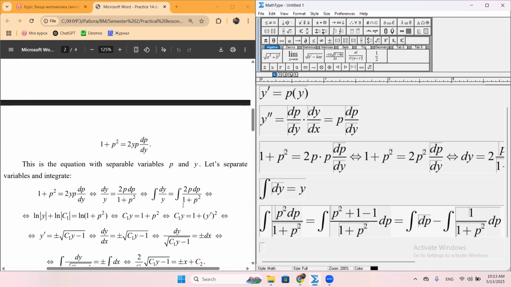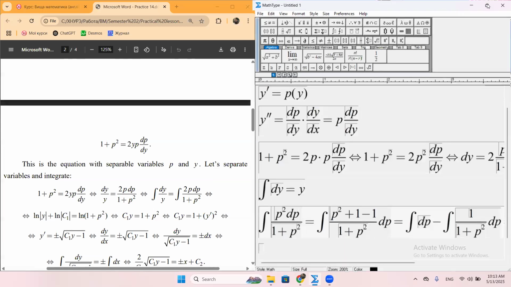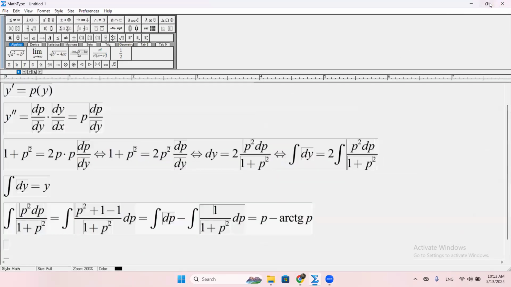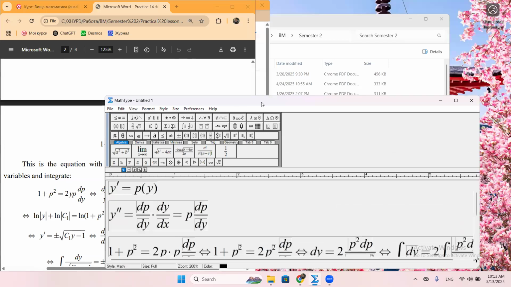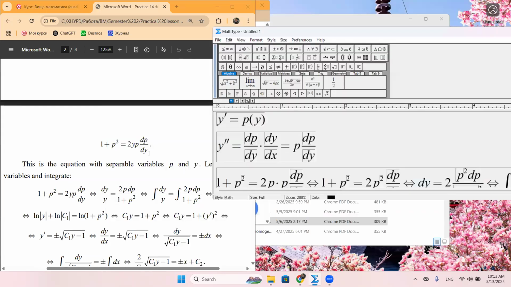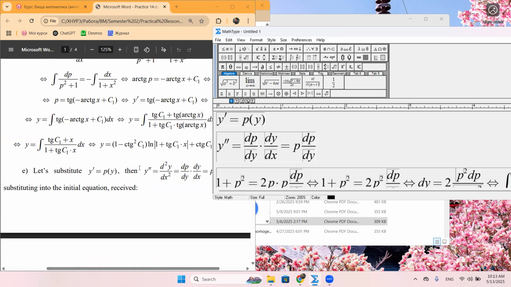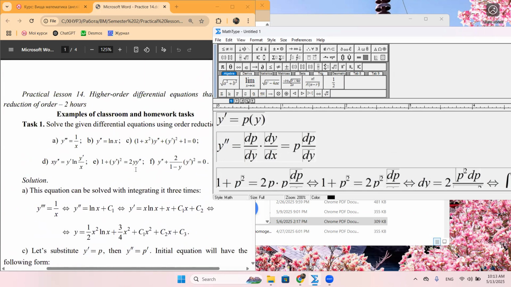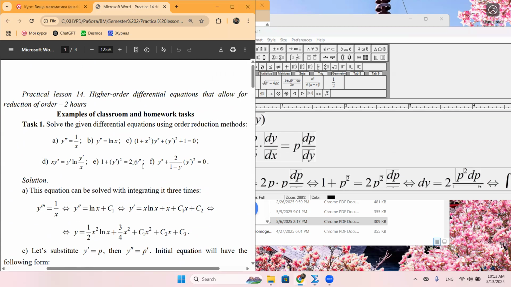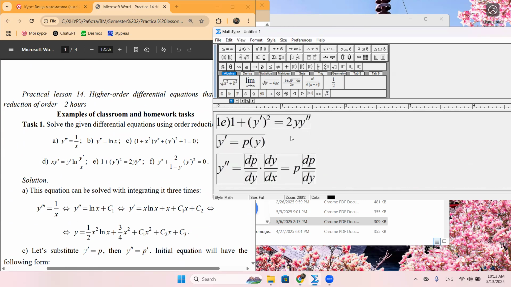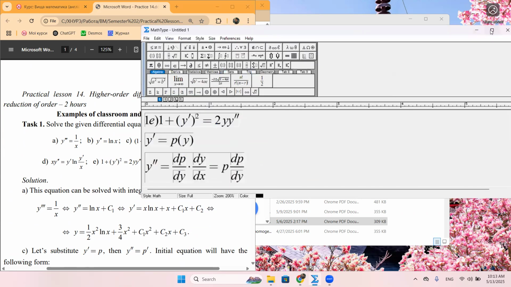Yeah, it was a mistake here actually. Just a moment. Let me check the initial equation and check where we have a mistake. 2y. Yeah, so I made a mistake here.